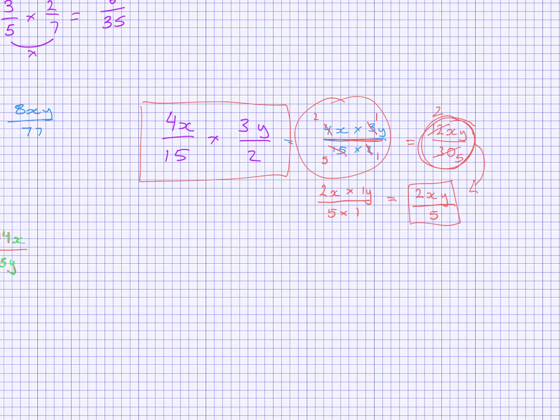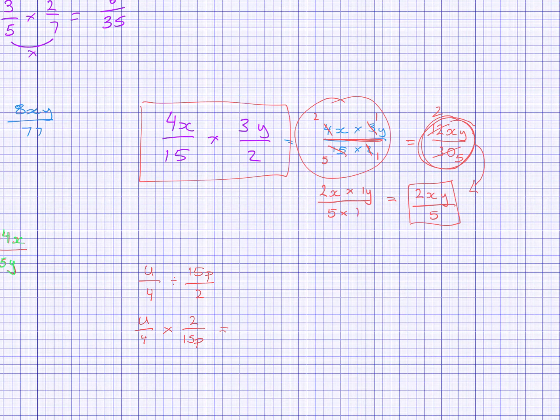Another problem we can look at is a division problem. It looks like this one: u over 4 divided by 15p over 2. So again, u over 4, change the divide sign to a multiply, 2 over 15p to take the reciprocal.